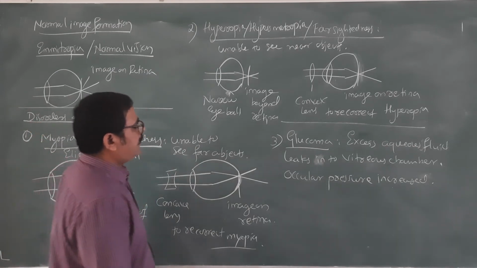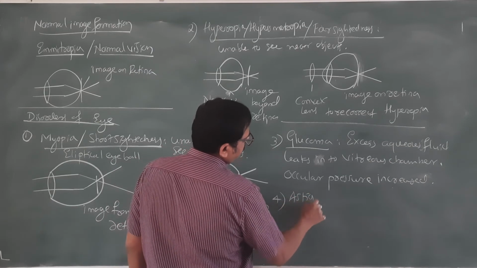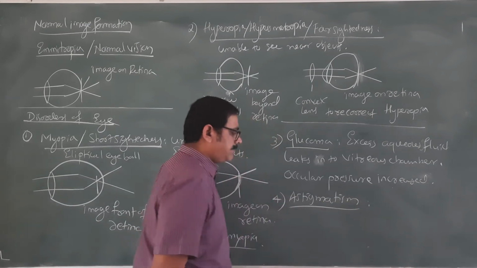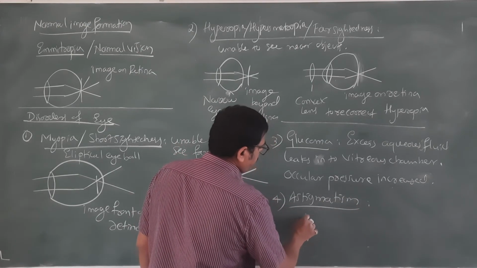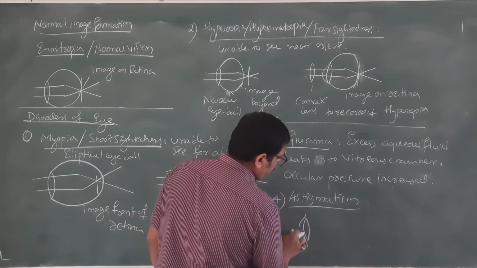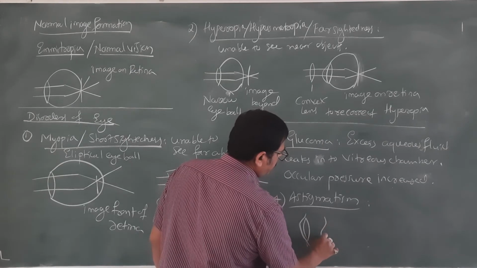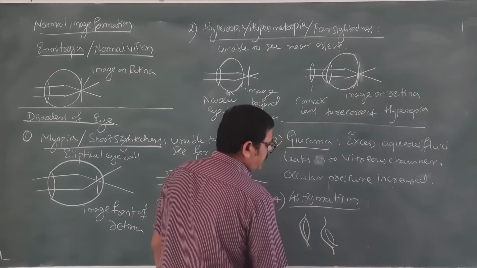Okay, there is one more disorder, astigmatism. What is this astigmatism? Imagine this is a normal condition, with the cornea and the lens aligned. But in astigmatism, the cornea and lens are dislocated, the lens is disoriented.